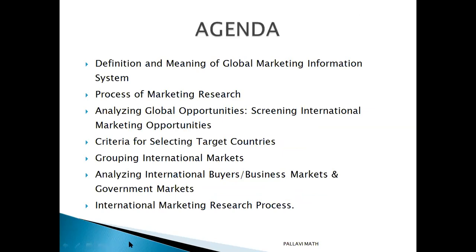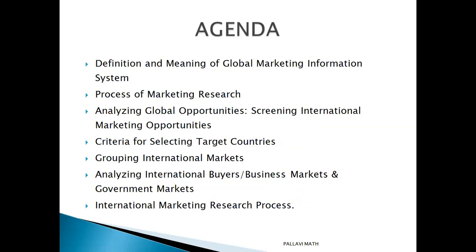In this module, we are going to cover this many things. This is the agenda for the second module, the syllabus for your course. First is the definition. We'll learn the meaning of the global marketing information system.